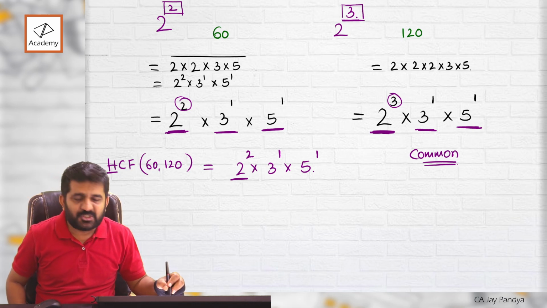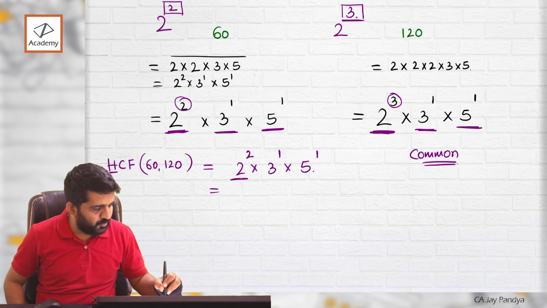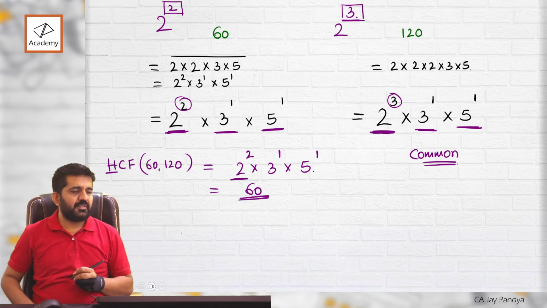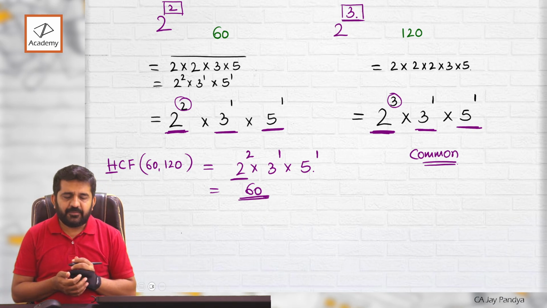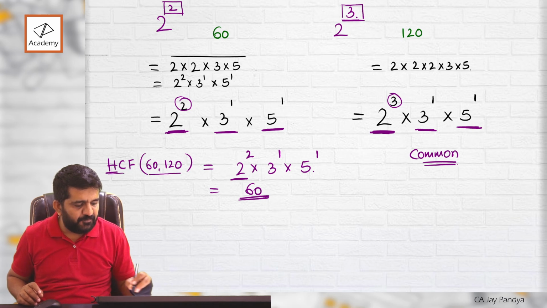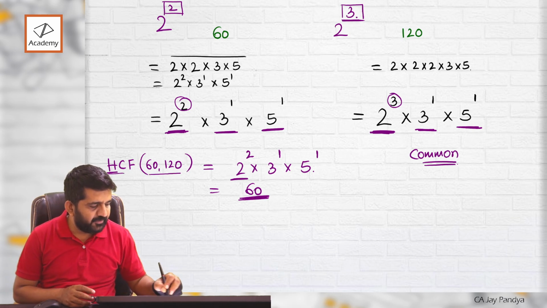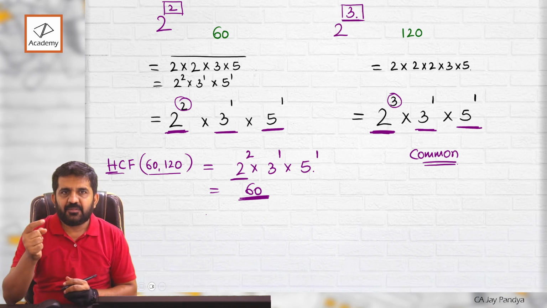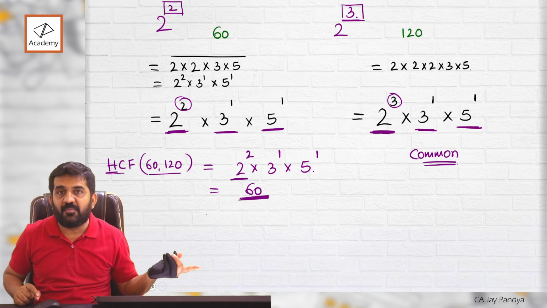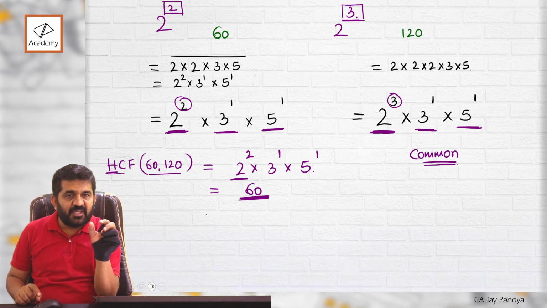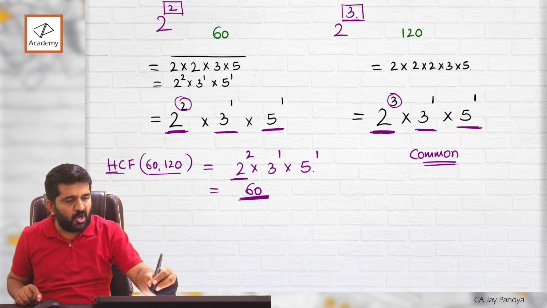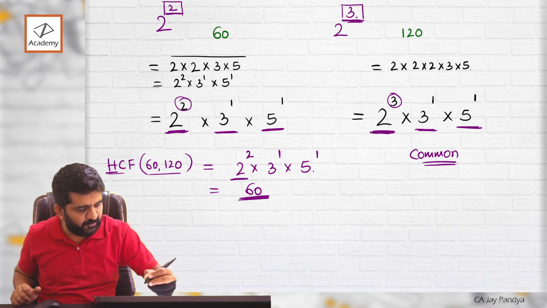Alright. So this is 2 square. This is the answer. 2 2s are 4, 3s are 12, 5s are 60. Right? So what is HCF between 60 and 120? 60. Common factor. Whenever you see common factor, even if the name is highest, I will be thinking raised to what is smaller. Here it was 2, here it was 3, I have taken 2.